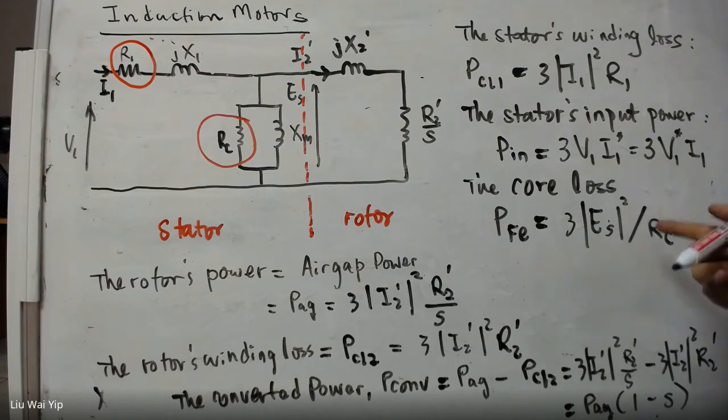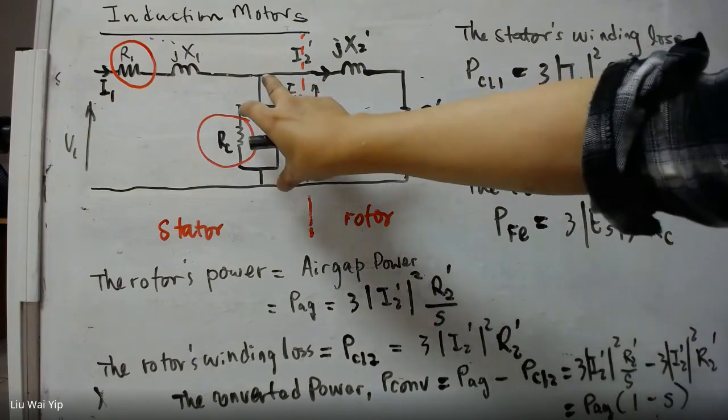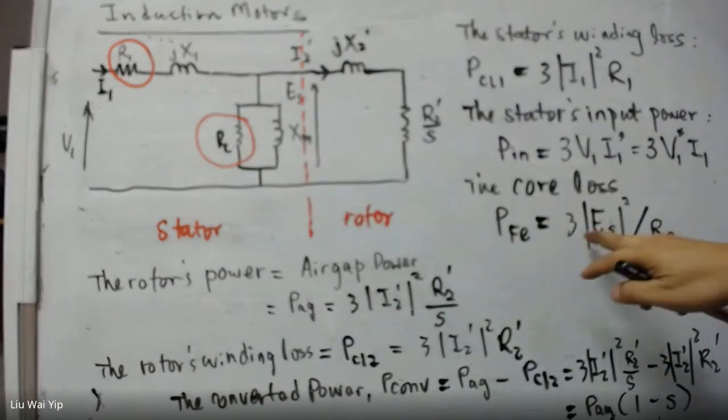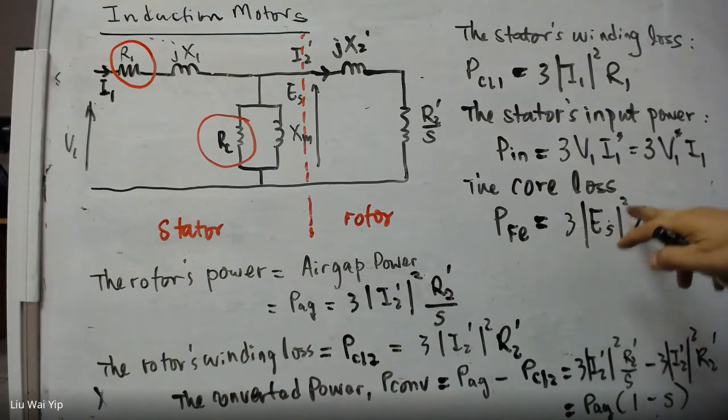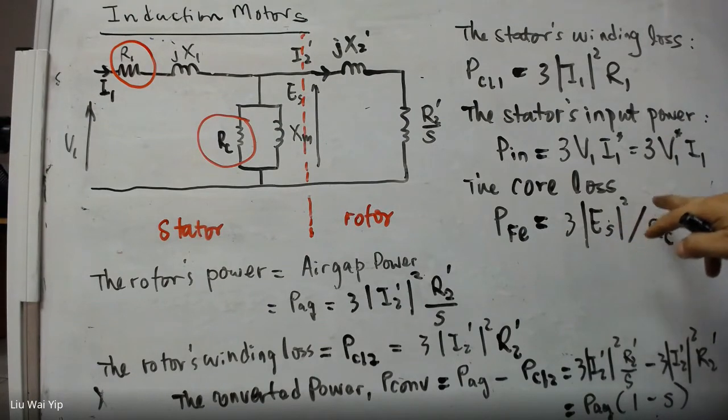And the core loss is the same. We can use the voltage here, right? 3 times the absolute of the voltage squared divided by the core resistance. Then we will end up with the core loss.